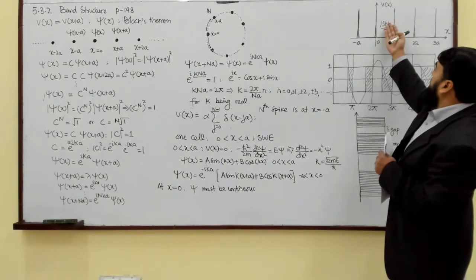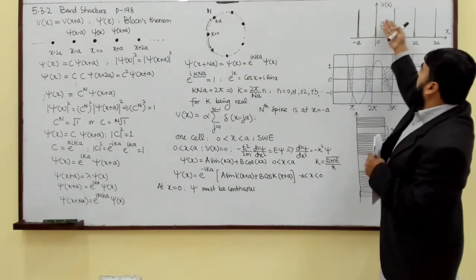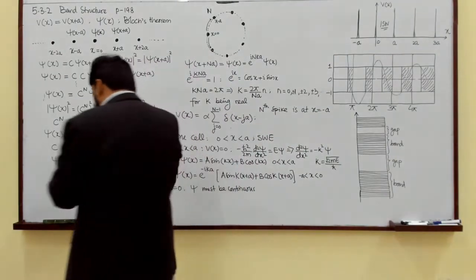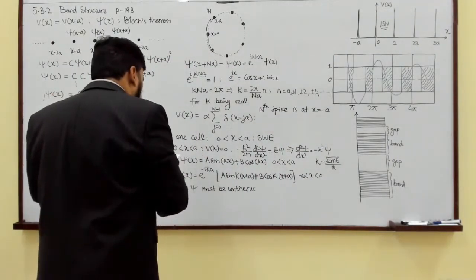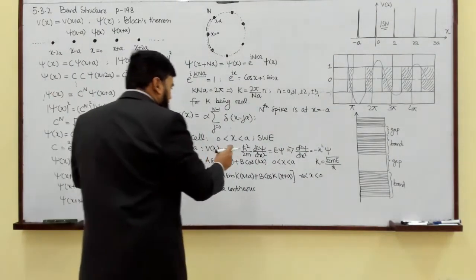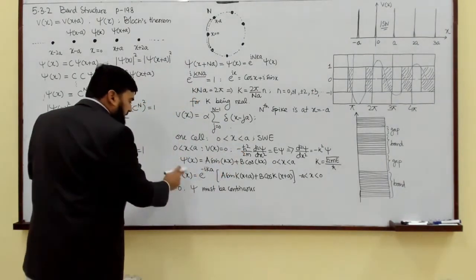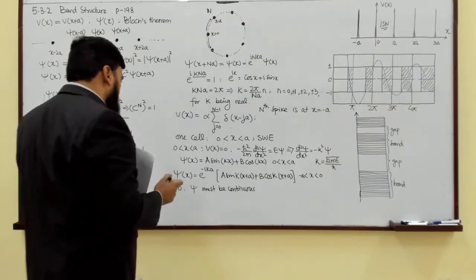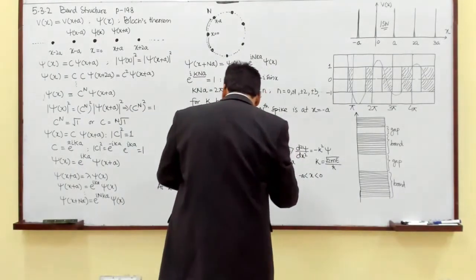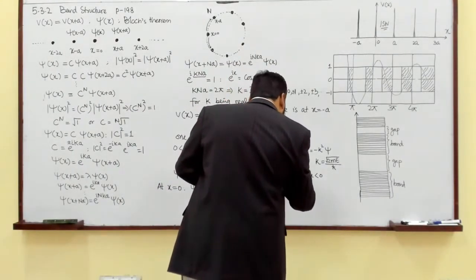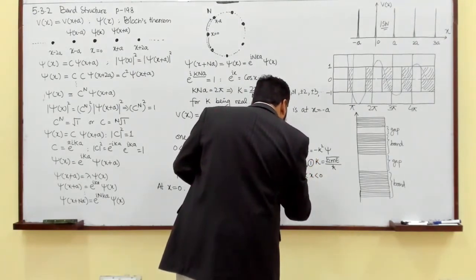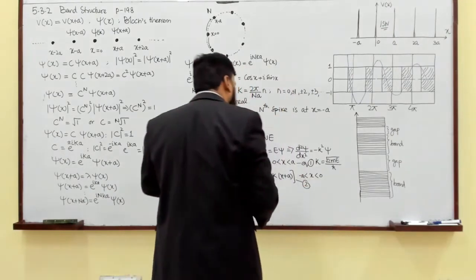When it goes from this cell to this cell, psi is supposed to be continuous, and I can write that at x equal to 0, this equation and this equation should be equal. Let me write, this one is equation 1 and this one is equation 2.